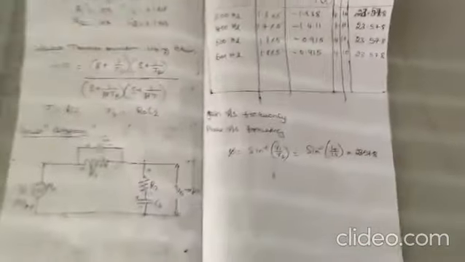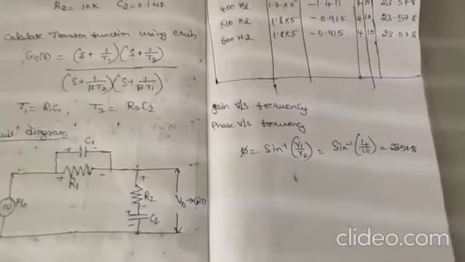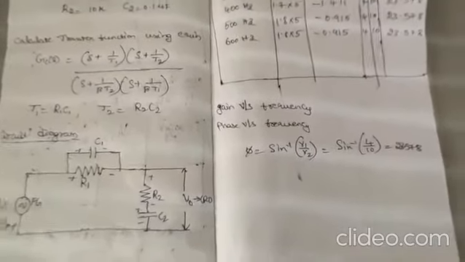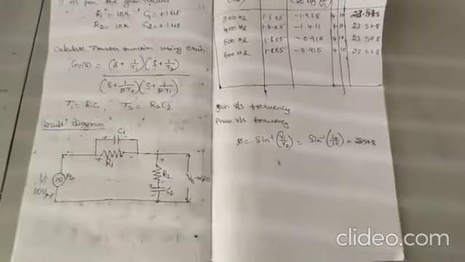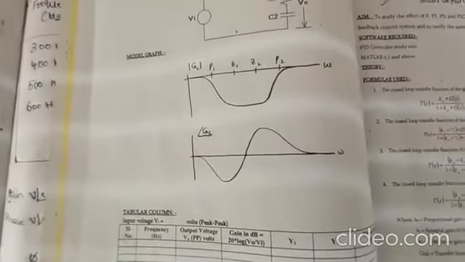After obtaining the gain and phase angle, the graphs of gain versus frequency and phase versus frequency are obtained on the semilog sheet, and the graph appears in this fashion. Thank you all.